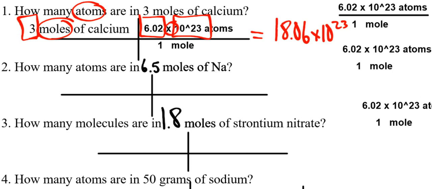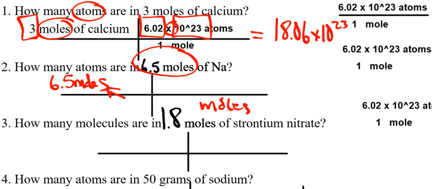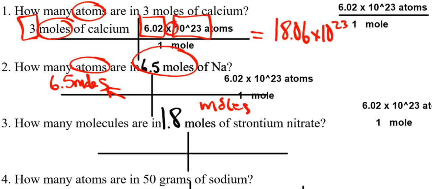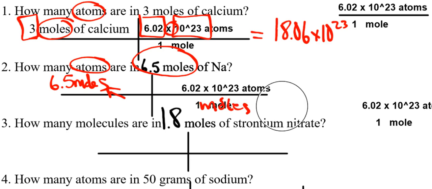So as always on the picket fence, we take our given. It is 6.5 moles. Whatever unit is here has to come down here. That's moles. Sorry, this 1.8 is so huge. And then we are solving for atoms. So our proportion, once again, is over here. It is that many atoms per 1 mole, or Avogadro's number.